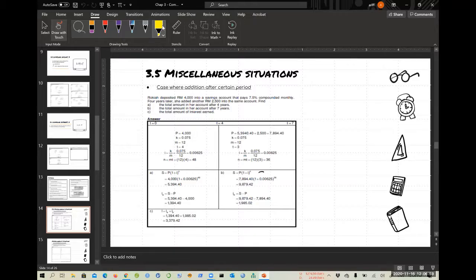It's the same thing, just that for simple interest, the calculation of interest is based on the principal that never changes. But for this situation, remember the fundamental of compound interest: the interest calculated is based on the current principal or the current balance in the account.